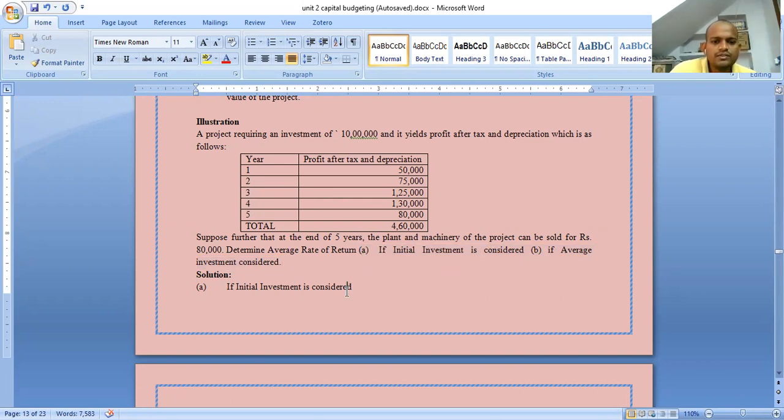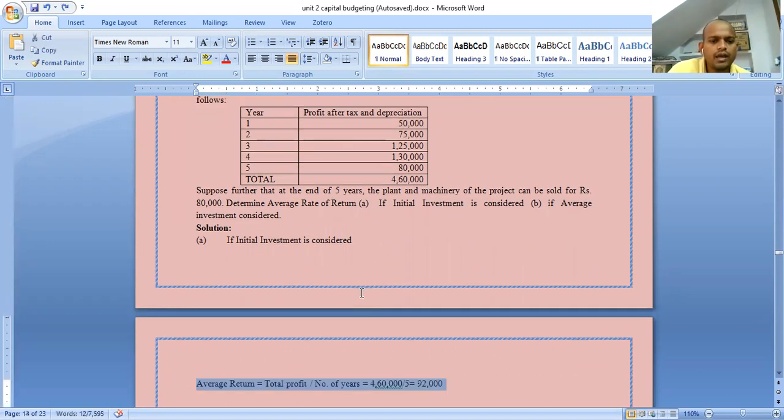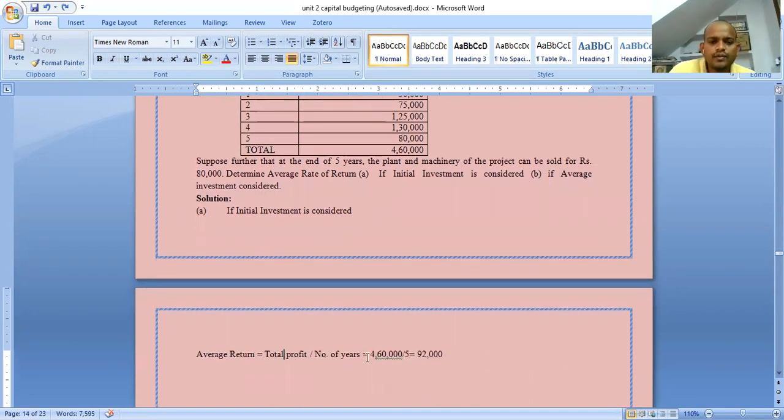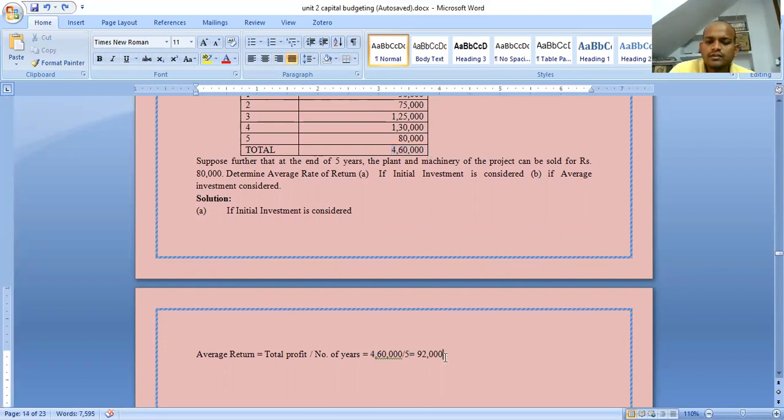If initial investment is considered, the formula is average rate of return equals total profit by number of years. Total profit is 4 lakh 60,000 and number of years is 5. So that is 92,000 average return.